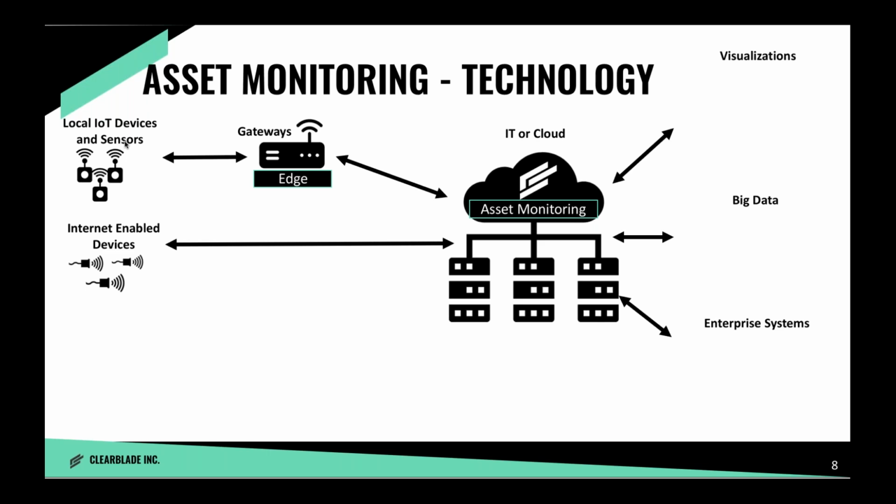They may speak proprietary protocols off of your legacy machines. They may be off Allen Bradley or Siemens or other machines that had their own proprietary protocols. Or they may be local wireless protocols. They could be LoRa or LoRaWAN. They could be Zigbee or Bluetooth. All of these sensors are engageable with the asset monitoring design.